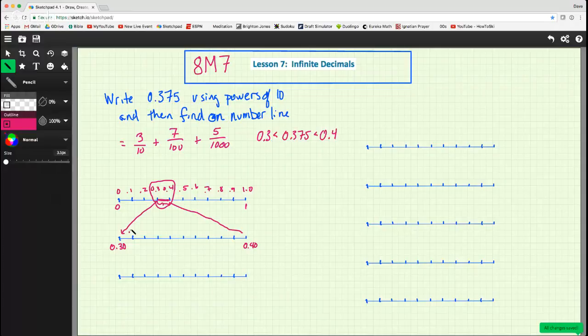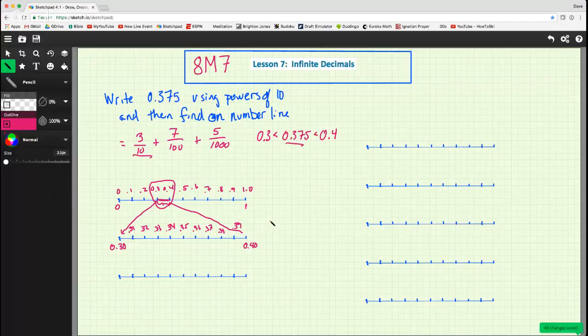So this here is 0.31, 0.32, 0.33, 0.34, 0.35, 0.36, 0.37. We're going to be doing this over and over. This is the whole strategy for today. And this is 0.39.